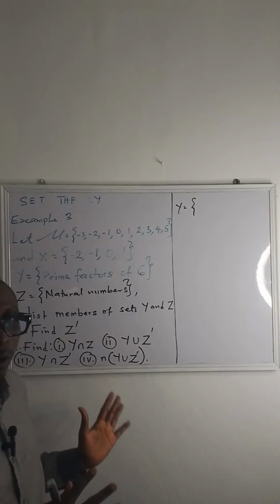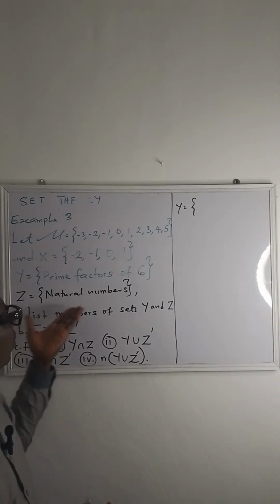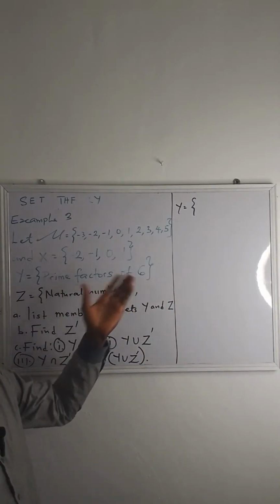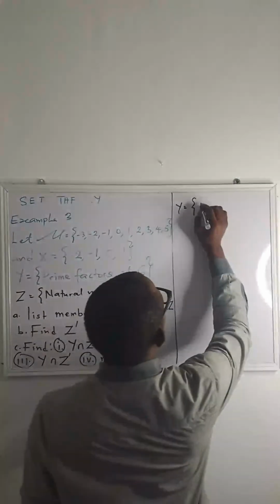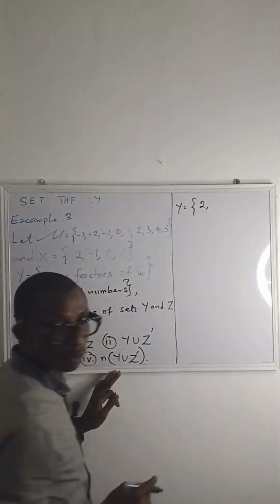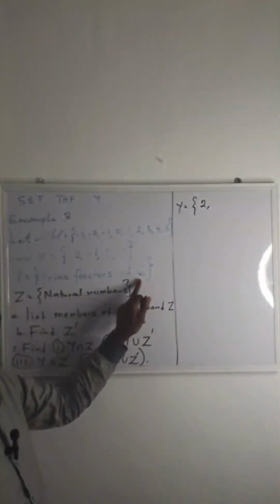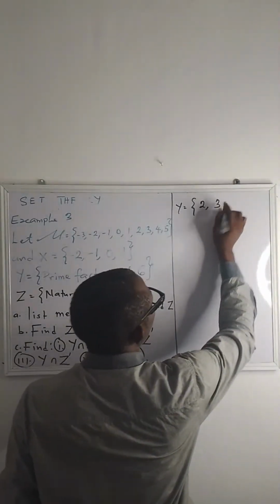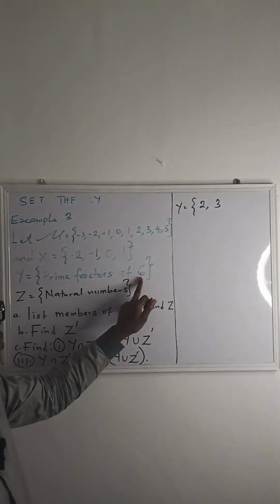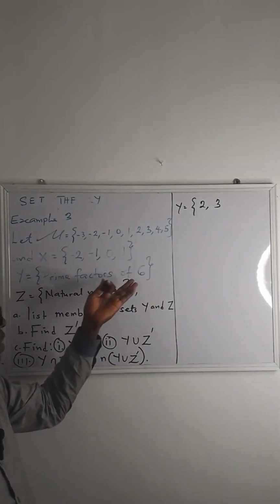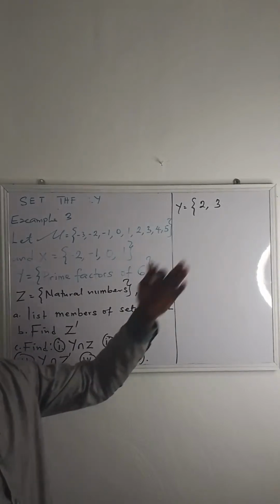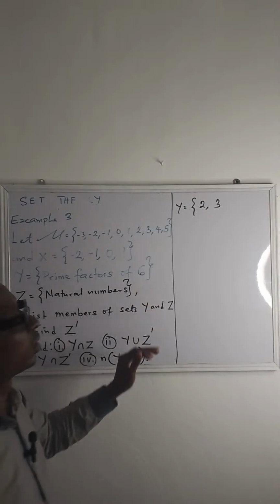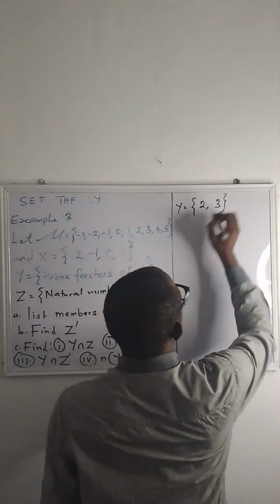Among all these prime numbers, which of them will completely go in 6? The first one is 2. 2 is a prime number and it's also a factor of 6. The next one is 3. 3 is a prime number and it's also a factor of 6. Of course, 6 is also a factor of 6, but it's not a prime number, so we can't list 6. We are listing only the prime factors.